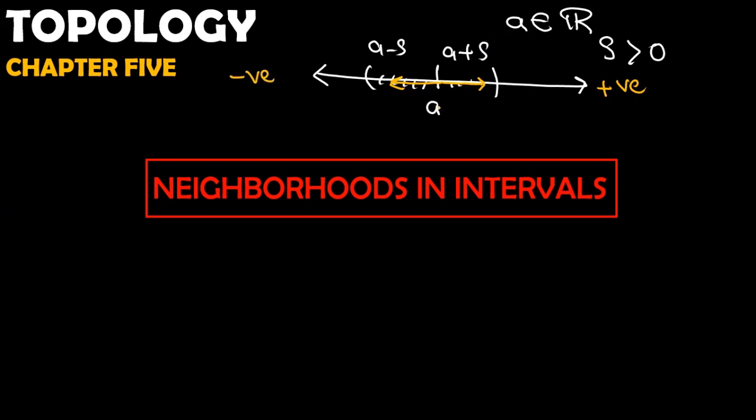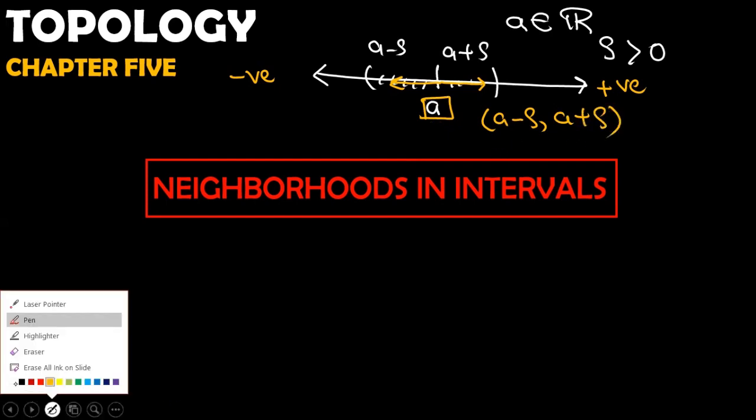So this very small distance of A towards the right side and towards the negative side are the right and left neighbors of point A. I repeat that the neighborhood of A on the real number line are open intervals containing A, between A minus delta and A plus delta. I hope you understand the story of it.